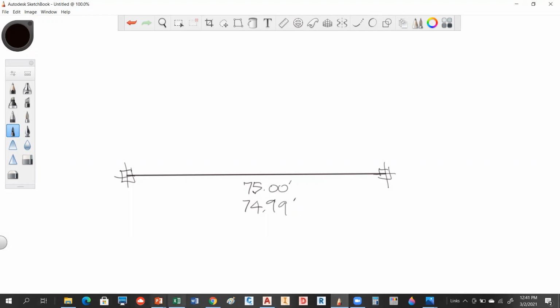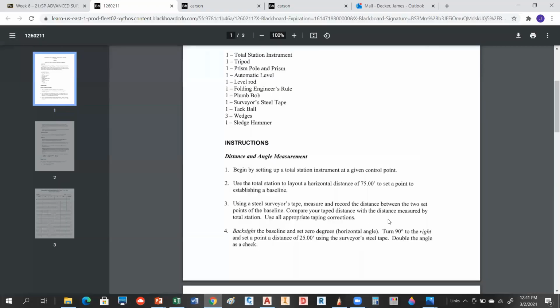Then it asks you also to compare the distance that you measured to the layout distance. If you got a difference there, I want you to compare it, and I want you to tell me why you got a difference. Also, it says to use the appropriate taping corrections.